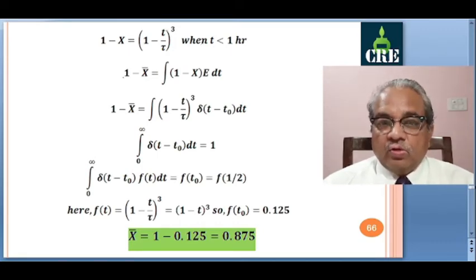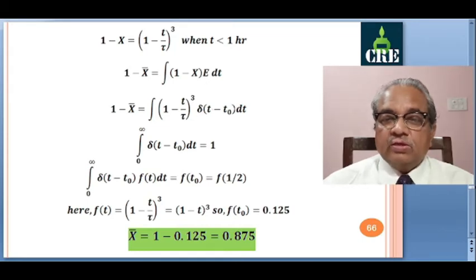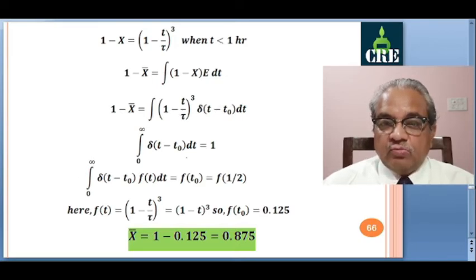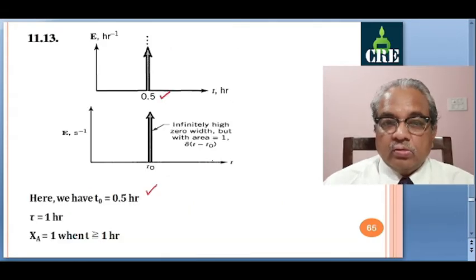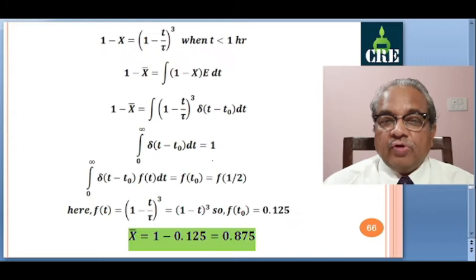hour. 1 minus x bar will be the integral of 1 minus x into E dt. So 1 minus x is 1 minus t by tau whole cube, and E now is delta t minus t0. That is your Dirac delta function. And for this, the solution of this integral will be simply f of t0. Okay. t0 is 0.5.